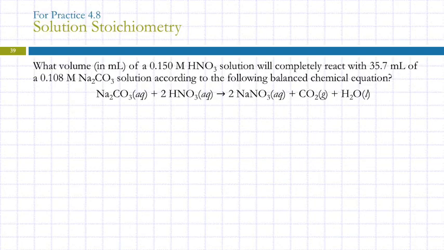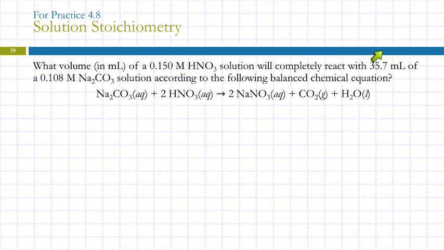So what volume in milliliters of a 0.150 molar nitric acid solution will completely react with 35.7 milliliters of a 0.108 molar sodium carbonate solution according to the following balanced chemical equation? So molarities, those are moles per liter.